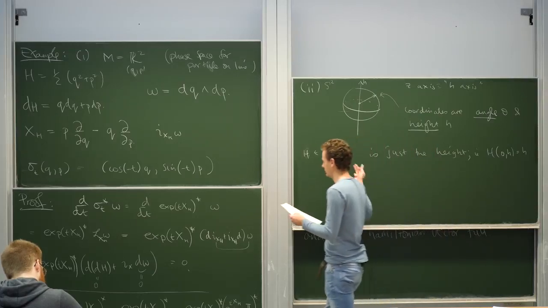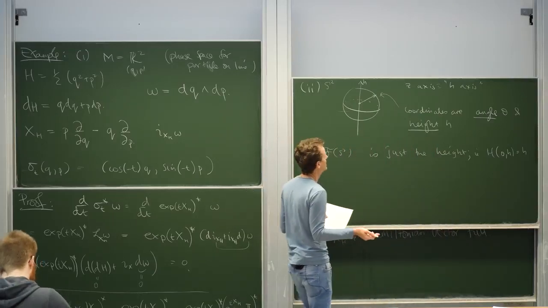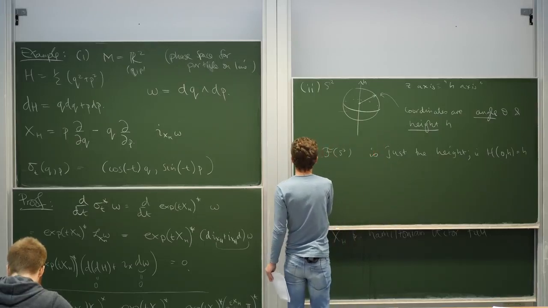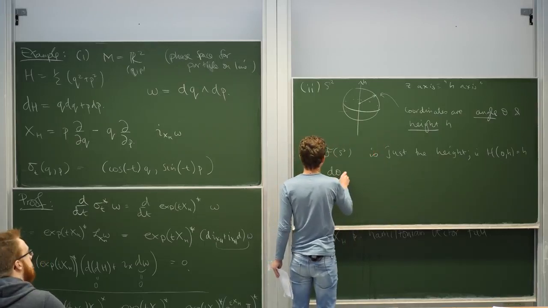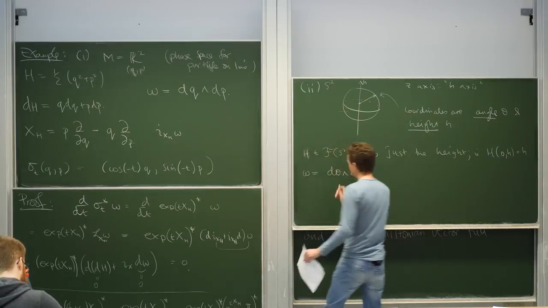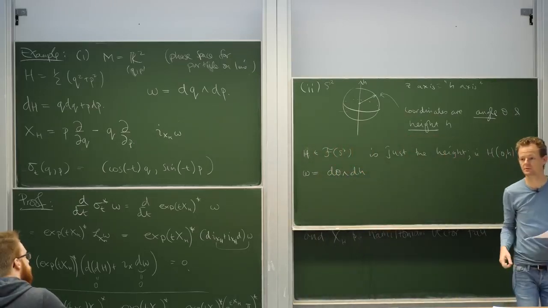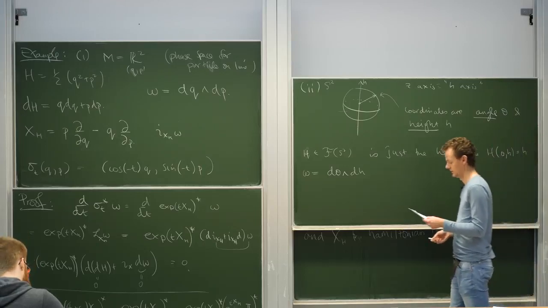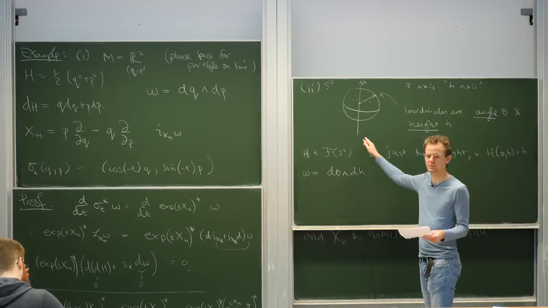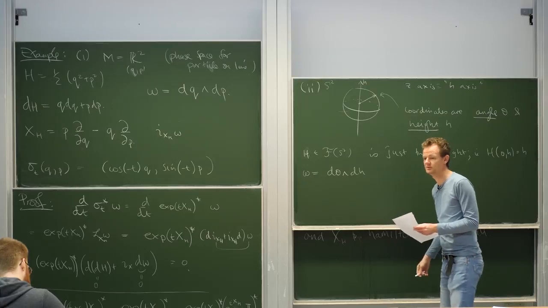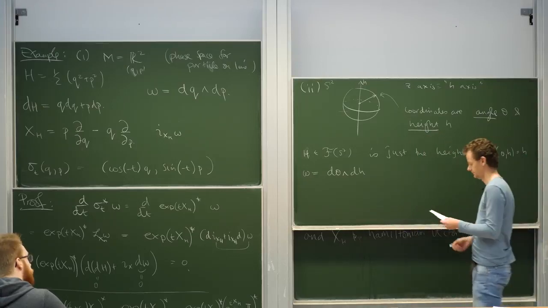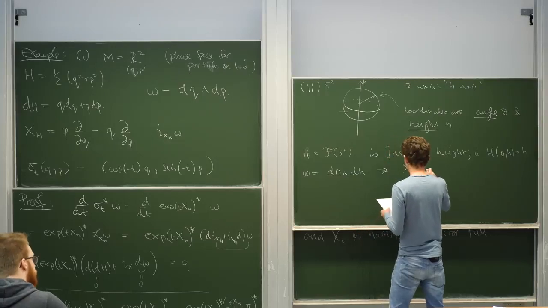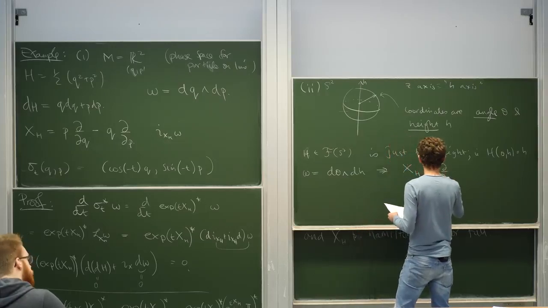And we're also going to need a two-form to make this a symplectic manifold, and we're going to use this particular two-form. It's closed, so you can check. Of the many two-forms we could have put on the sphere, this is the one we're going to choose. And that leads to the following vector field, X_H equals d/d theta.